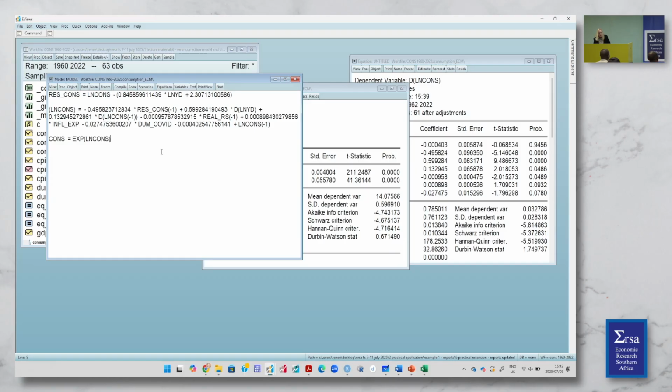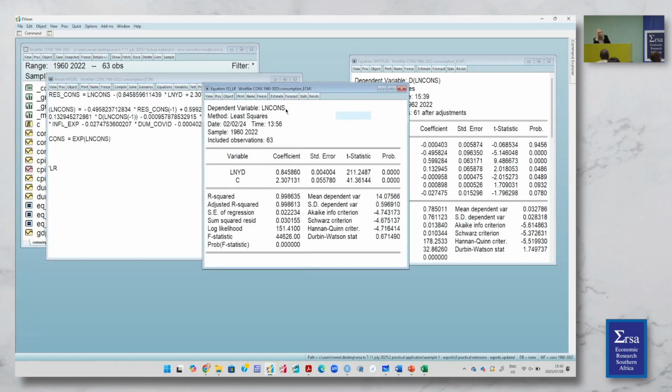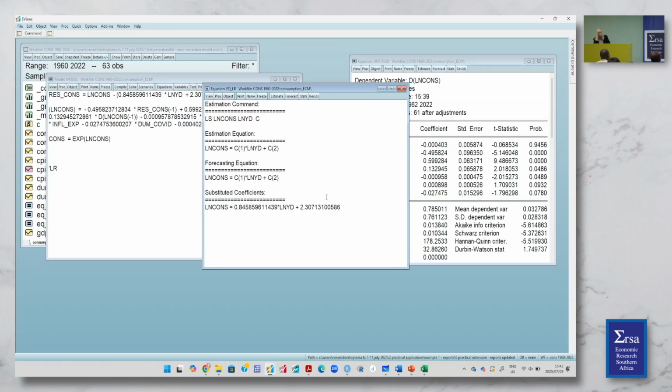Did it work? So basically what I want to do is, and a comment is just a single quote. I want my long run relationship and I will get it from here. But I don't have to type it because if you go to view representations, it's already here.